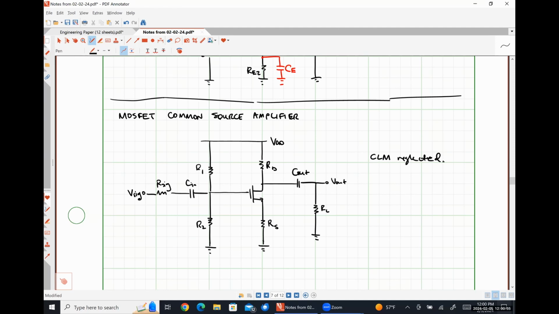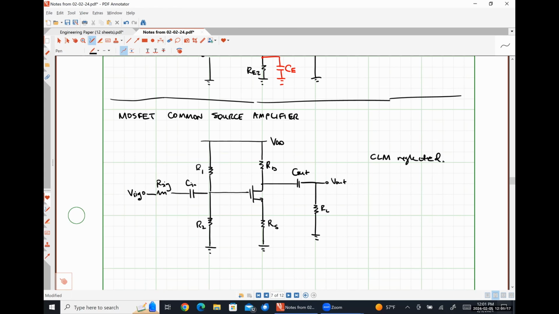So, how do you guys think we might do this? Sure. So let's start by looking at the small signal model for this whole thing.